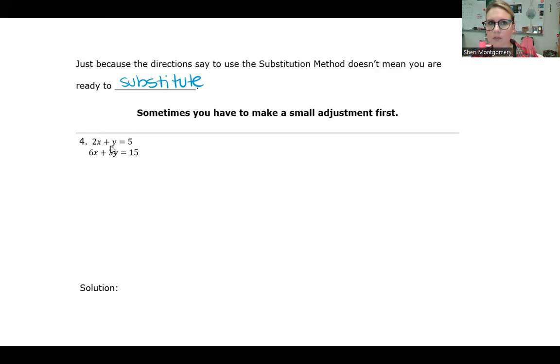Well, the top one, all you have to do to get y by itself is to add 2x to the other side. And then you're ready to go. So we're going to do that first. We're going to take the 2x over here and subtract 2x. So I will rewrite that equation. That becomes y is equal to negative 2x plus 5. All I did was subtract the 2x.